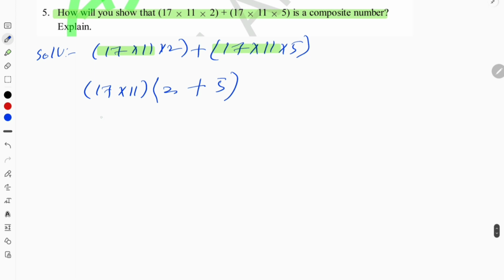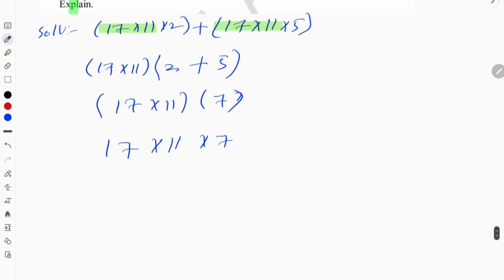Next, 17 into 11 into 7. So 17 into 11 into 7.